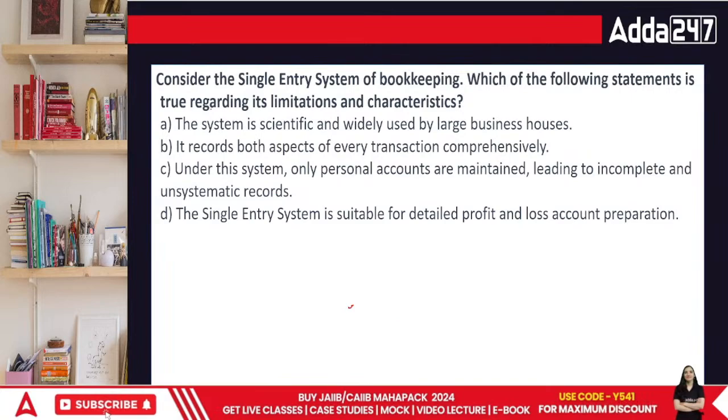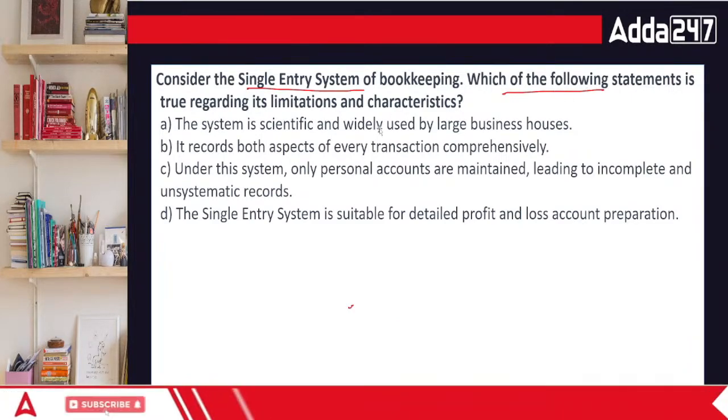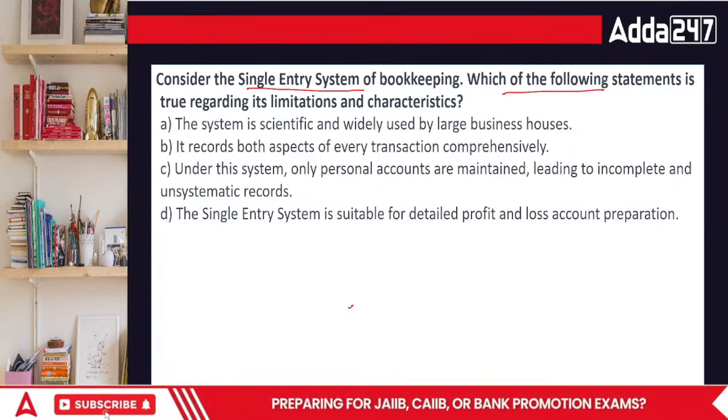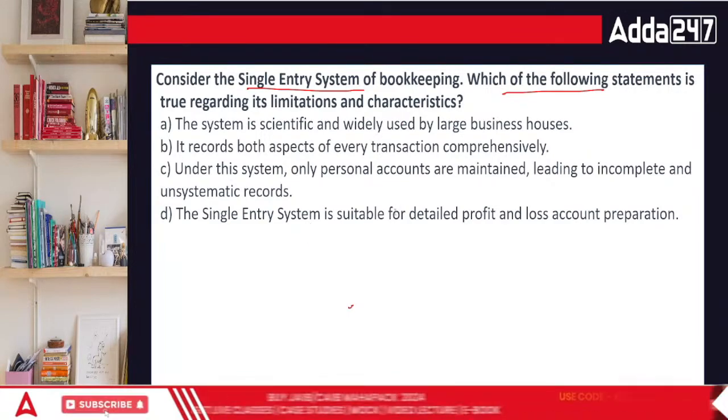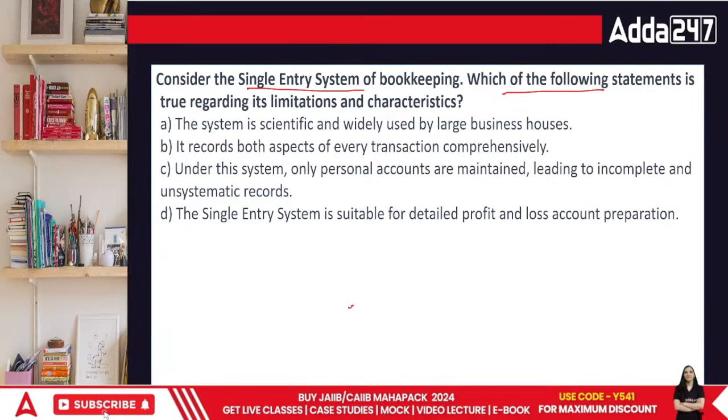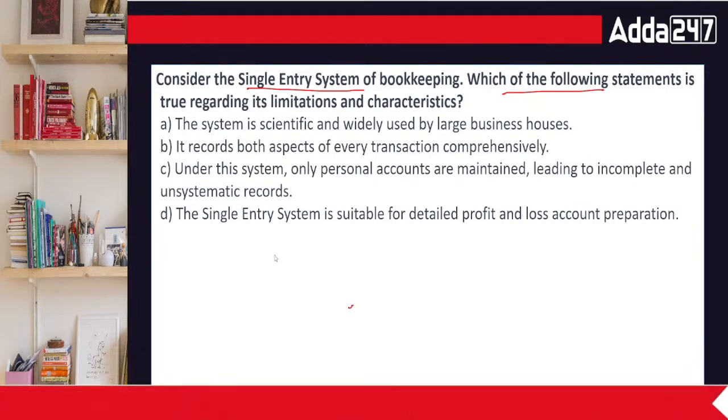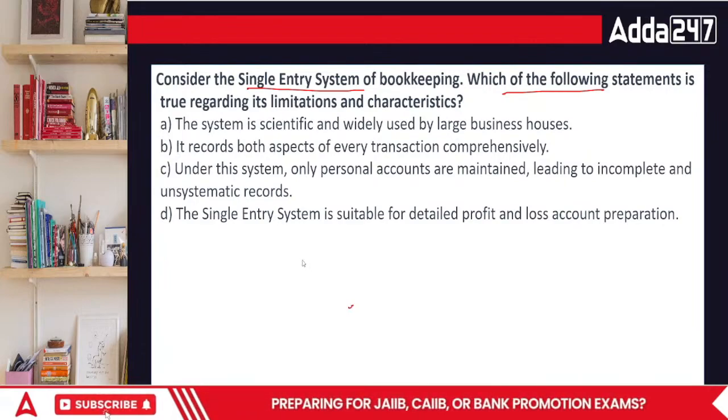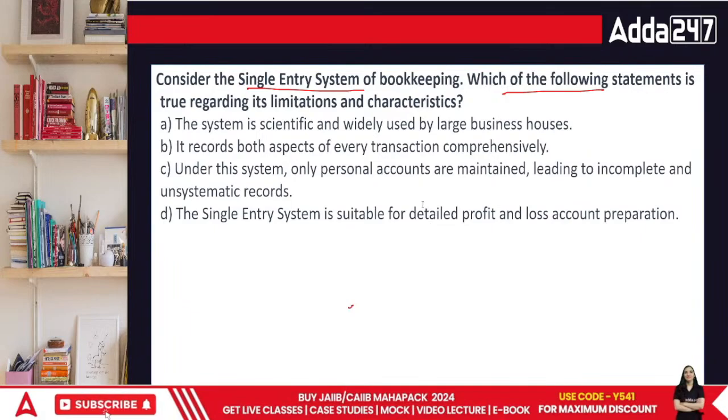Consider the single entry system of bookkeeping. Which of the following statements is true regarding the limitations and characteristics? On this topic of incomplete records, the single entry system is also known as accounts of incomplete records. Why do we say this? Because it basically records only one aspect.